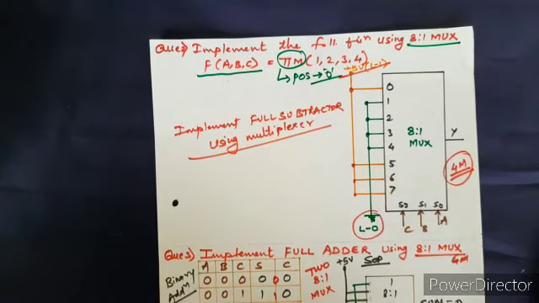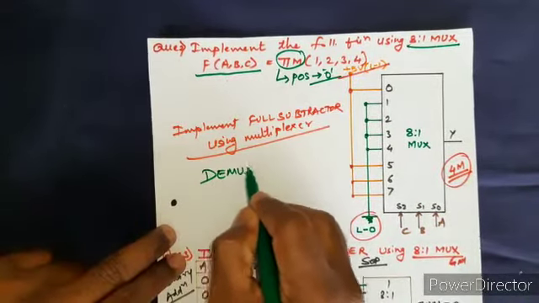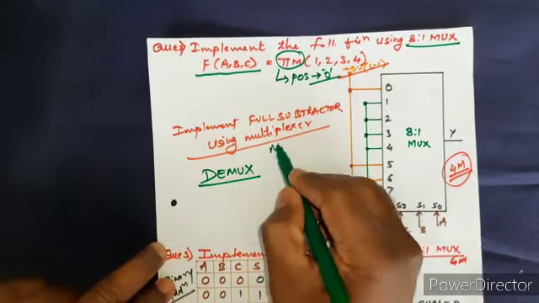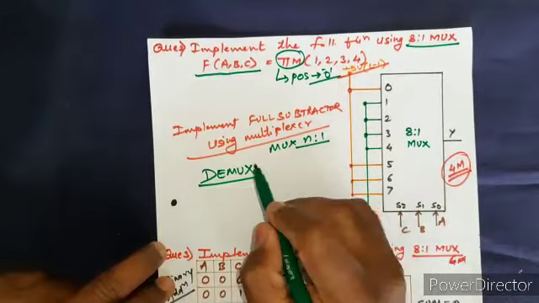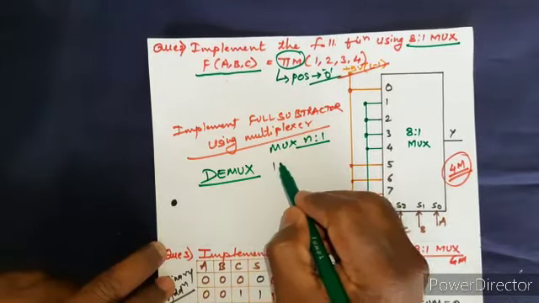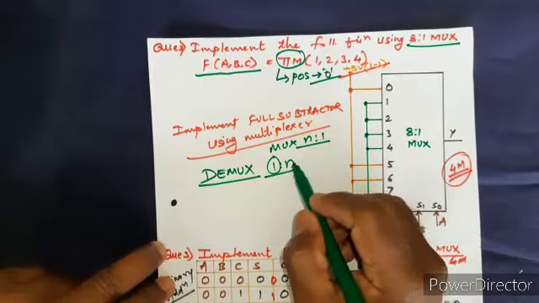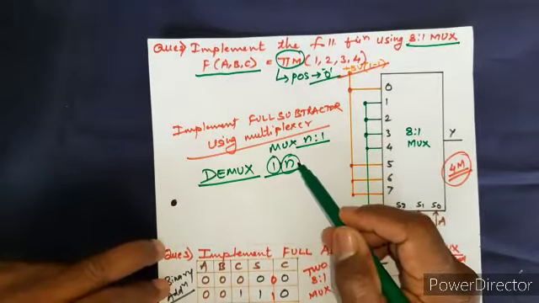Now in the next lecture we will go for its opposite or counterpart, that is the demultiplexer, demux. Mux means n is to 1, and demultiplexer is the opposite, that is 1 is to n, which has only one input and n outputs.